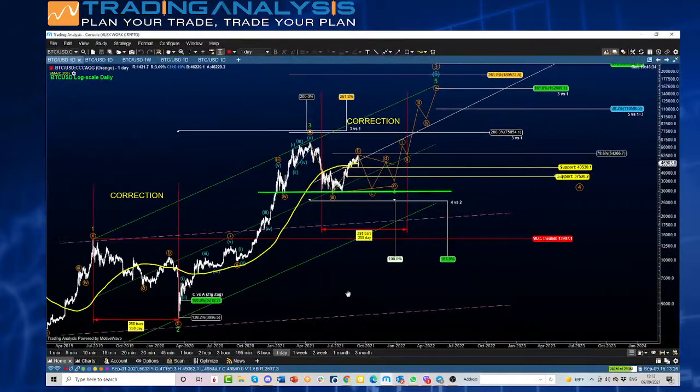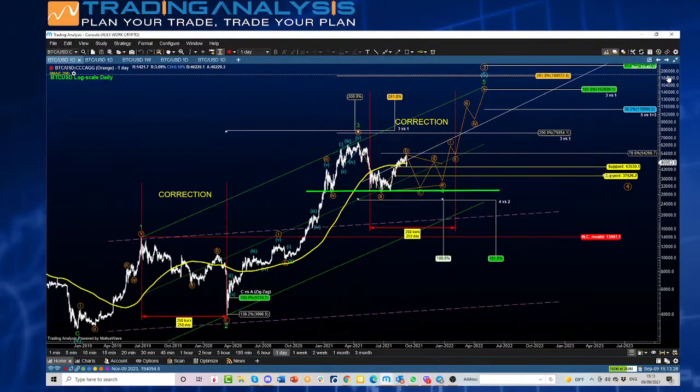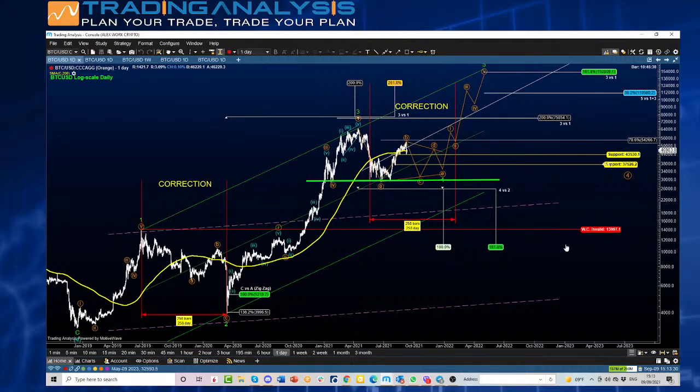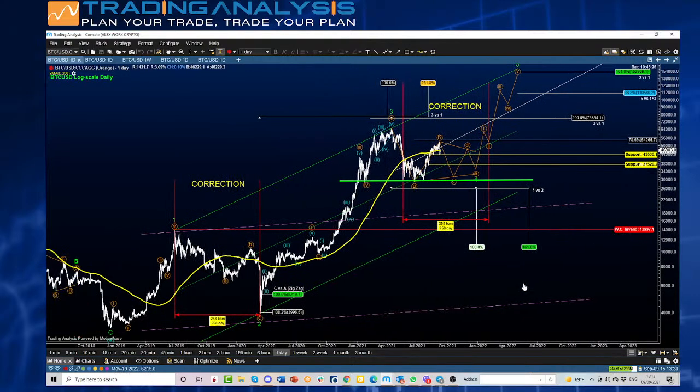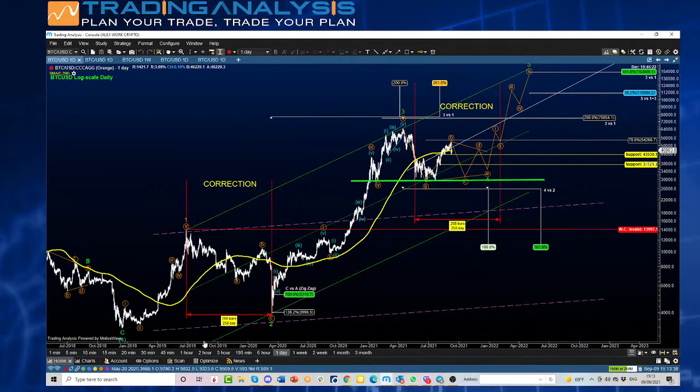As you know, we are still operating under several conceptions regarding the price and time movement in Bitcoin. We are looking at this wave count for the 1, 2, up in 3, pullback in 4, and continuation up in 5. Overall, the wave count still stays bullish.